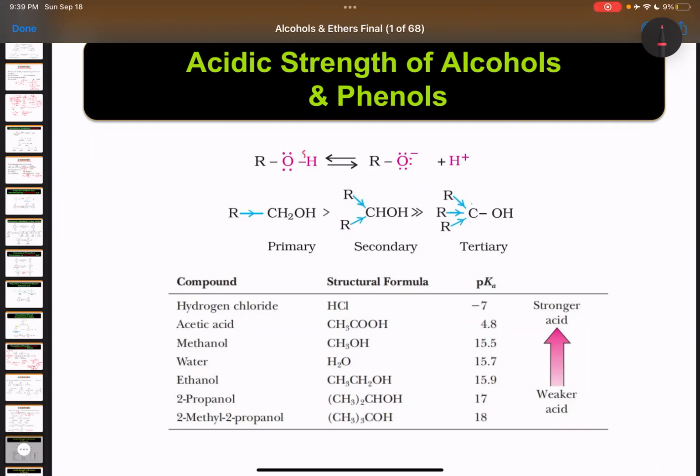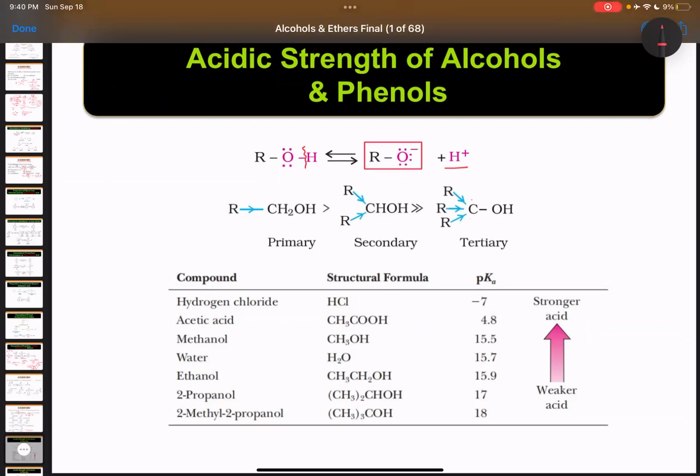Because suppose you are removing H plus, whatever is left behind after the removal of H plus is known as the conjugate base. So an alcohol is going to be acidic if its conjugate base is stable, right? And what makes the conjugate base stable? The less and less branching.